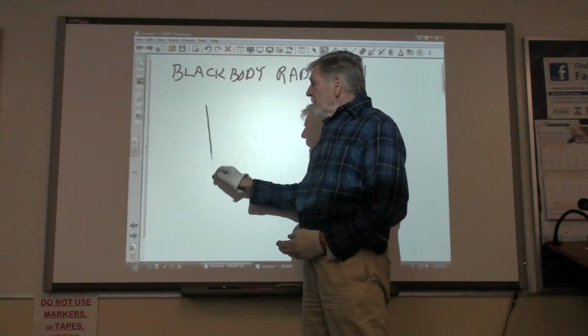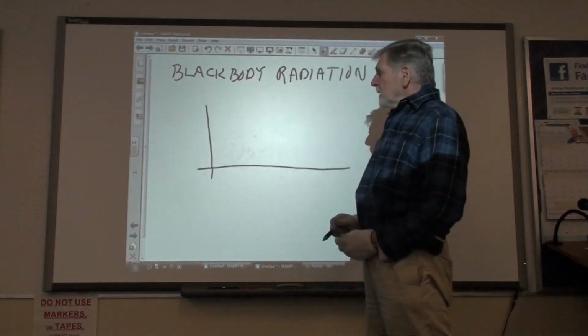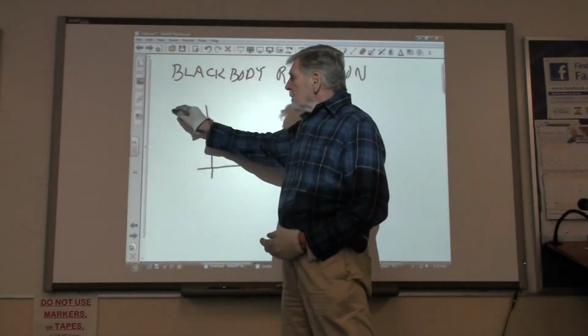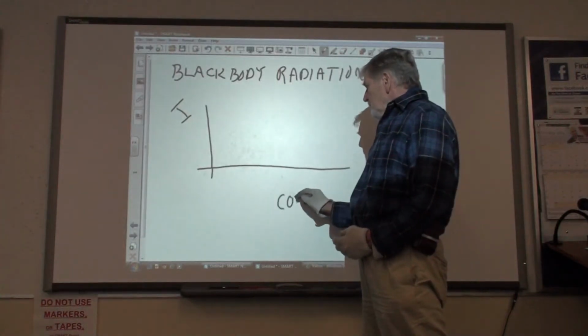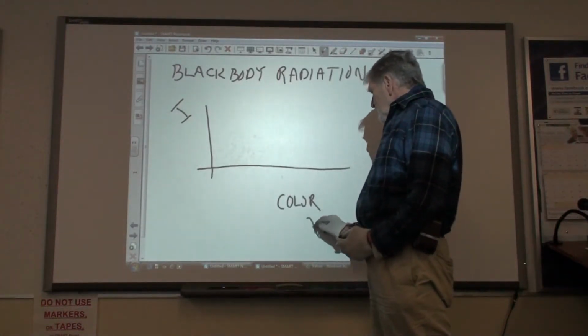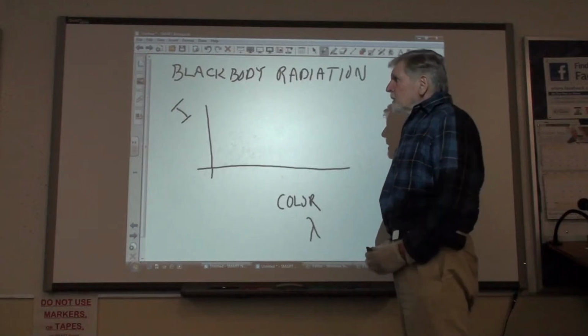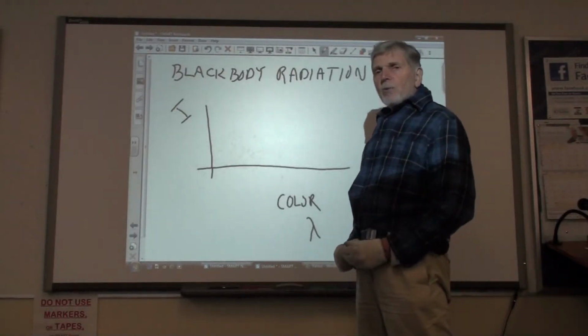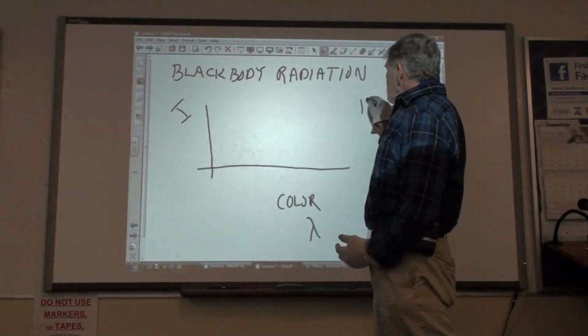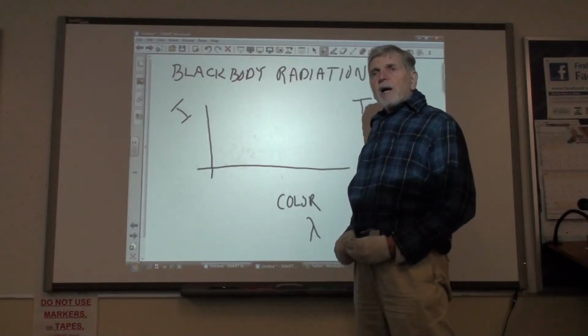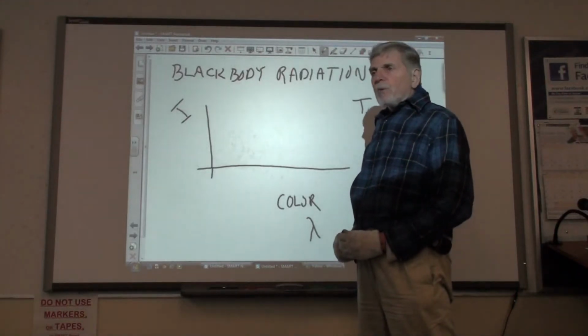So if we do a graph that measures the intensity of the various colors or wavelengths that are emitted, then because it's a black body, it will emit all wavelengths. But depending on the temperature at which we heat it, it will have most of its emission at a certain wavelength.